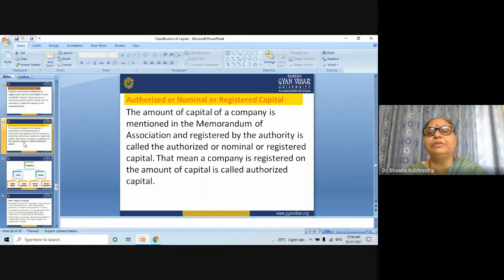For example, the authorized capital of Sonali Bank Limited is TK 1000 crore. The bank can collect capital up to TK 1000 crore from shareholders.